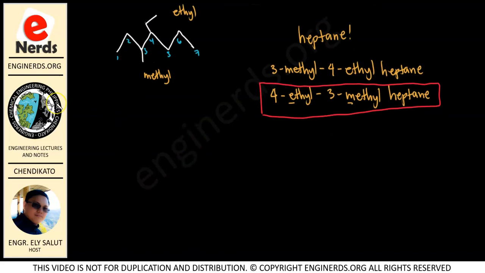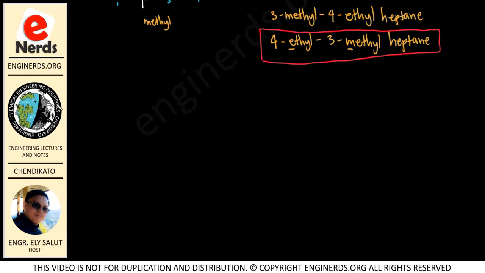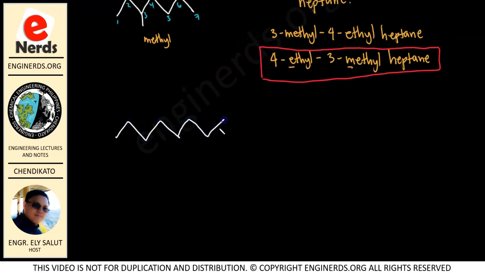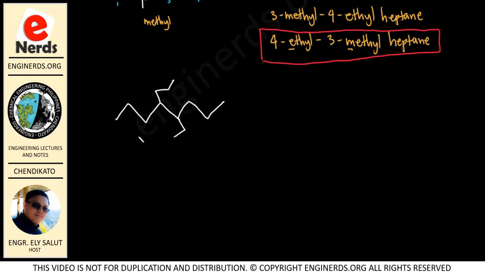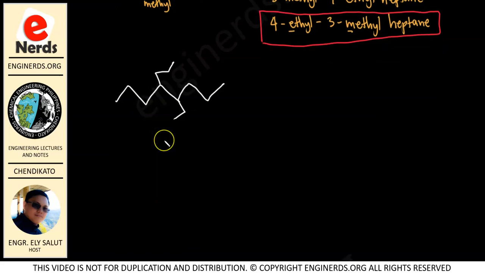Now, let us have another example. Okay, then we have substituent here and in here. Should we count left to right or right to left? So, let me draw this again. Okay, so ulitin lang natin para may pakita natin, should we count from right to left or left to right.